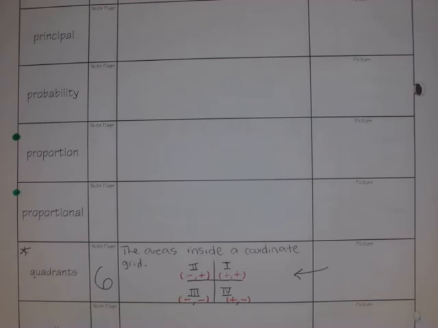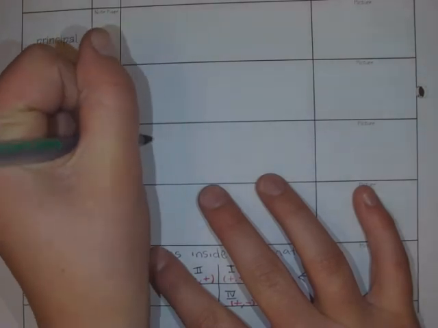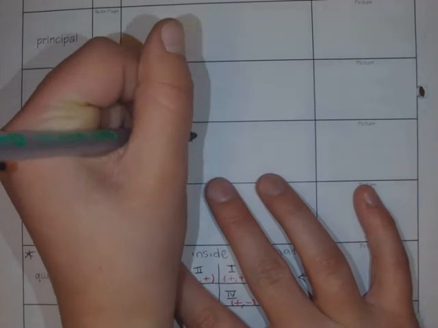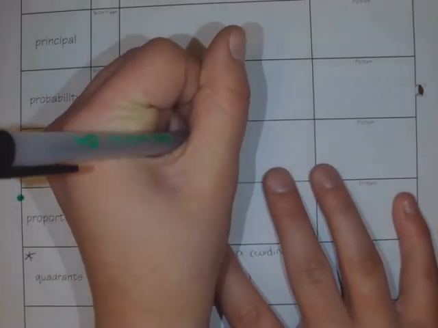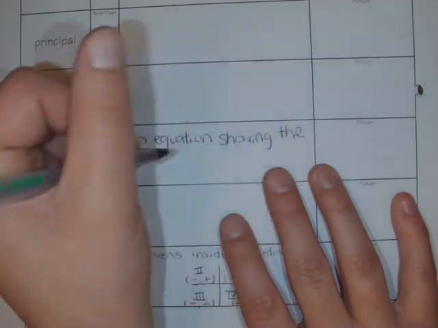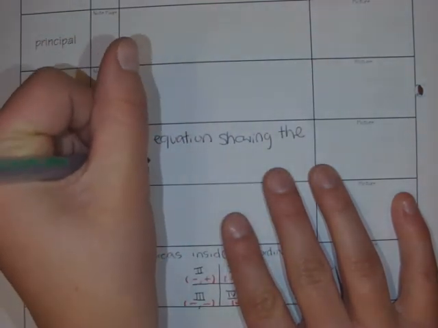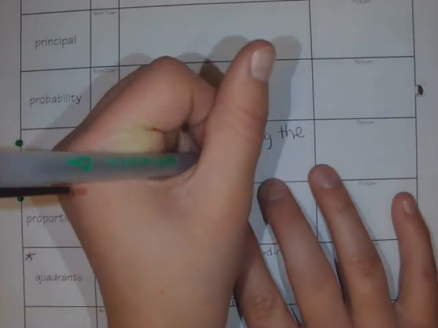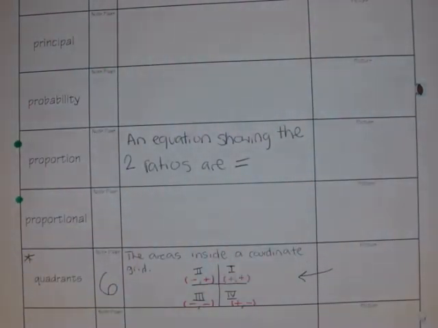And proportion is an equation showing that 2 ratios are equivalent, or equal.